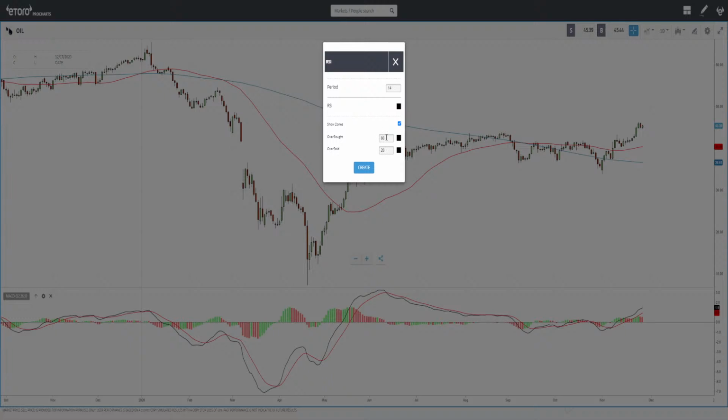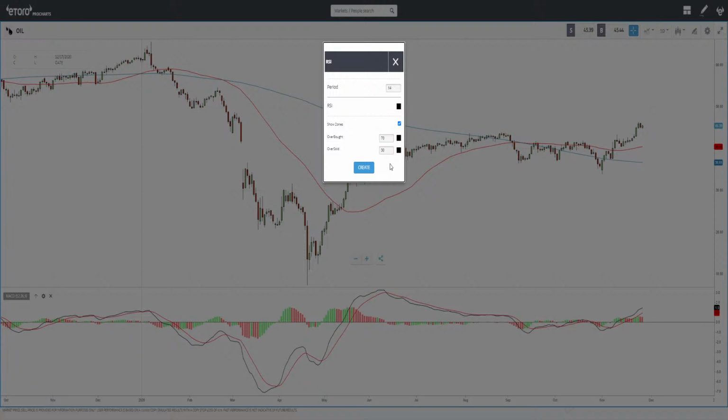This is supposed to be 70. So when this line crosses 70, we get into a period of being overbought. And the other one is supposed to be 30. So just change those because that is a more accurate measurement of the RSI.